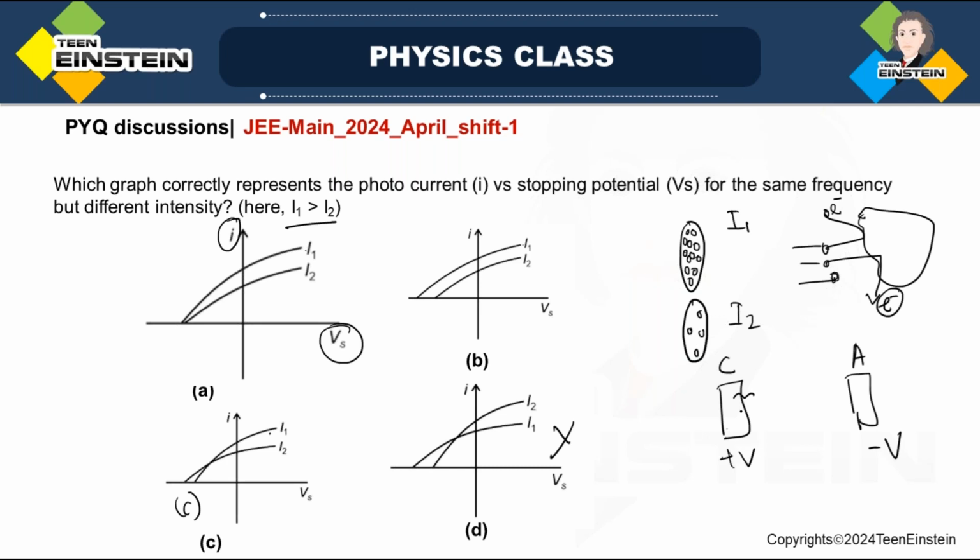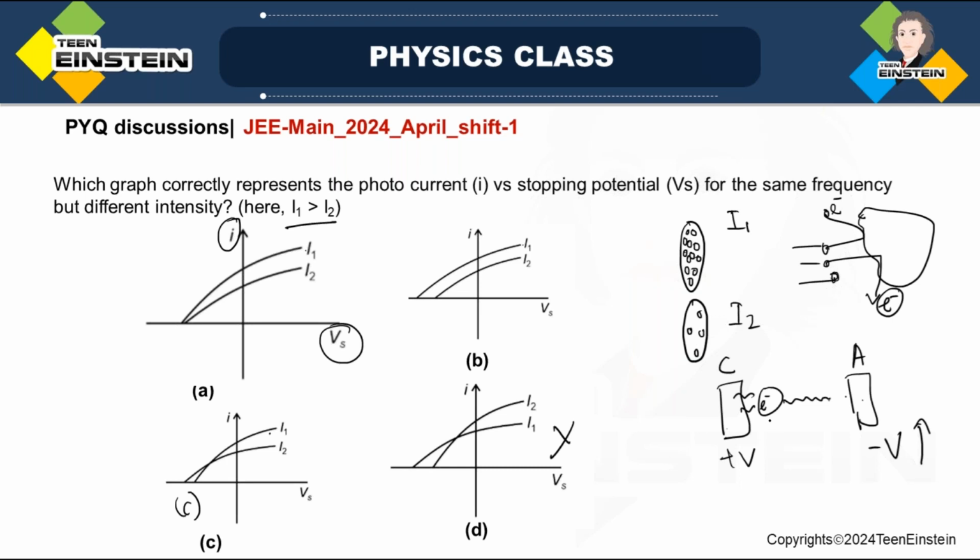Then electrons come out from the cathode and are repelled by the negative potential of the anode, but since they have enough kinetic energy, they reach the anode and a photocurrent is seen in the circuit. But if I increase this negative potential gradually, then, see, electrons have kinetic energies of different ranges, not only a single range.